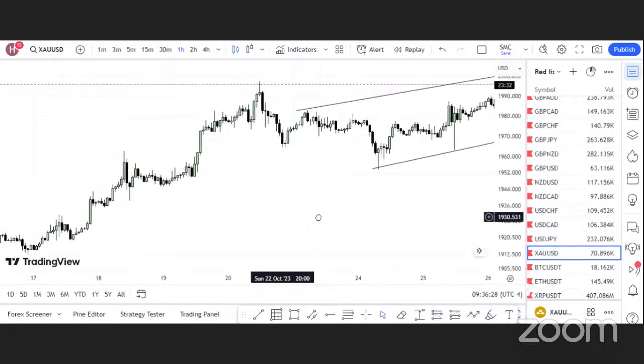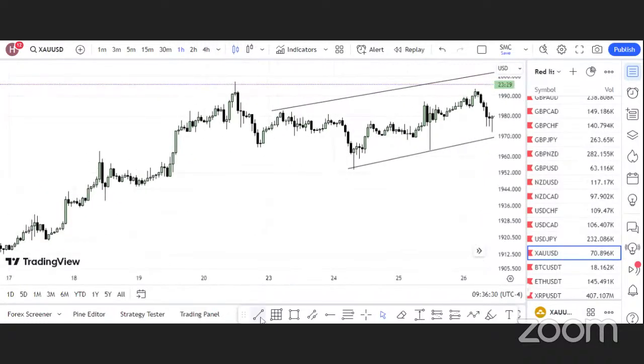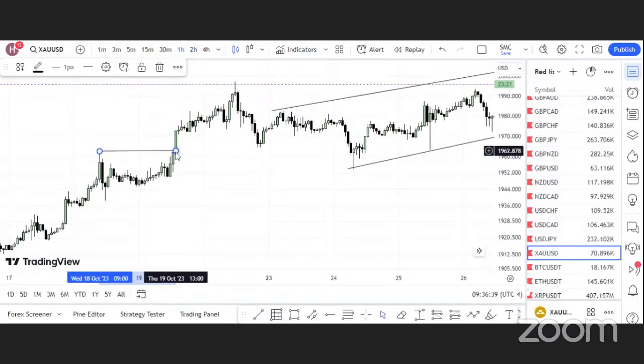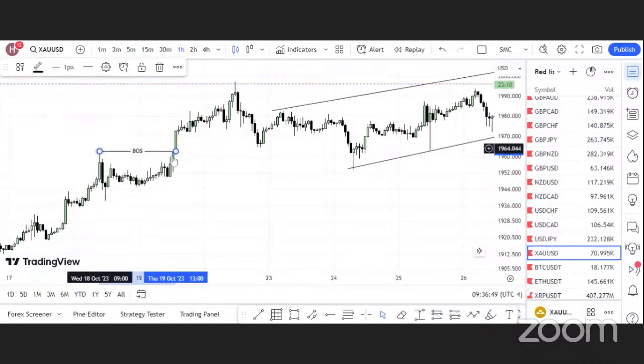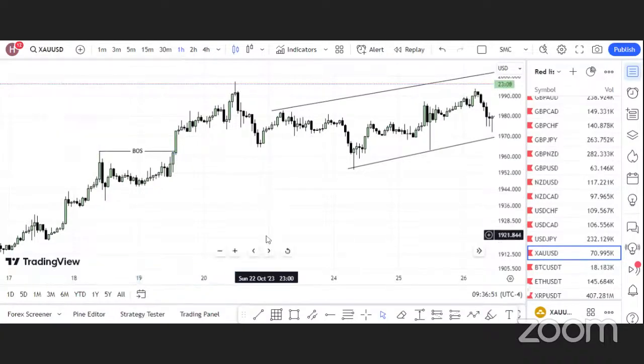You see how the market has moved up from this area to this area. We have a change, we have a break of structure here. Let me label that BOS, break of structure.